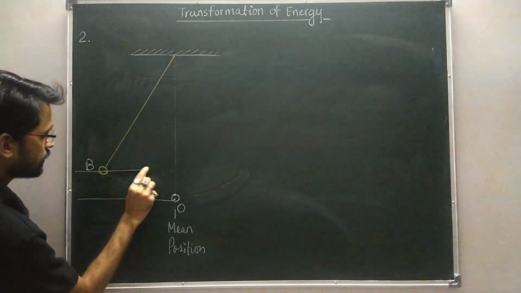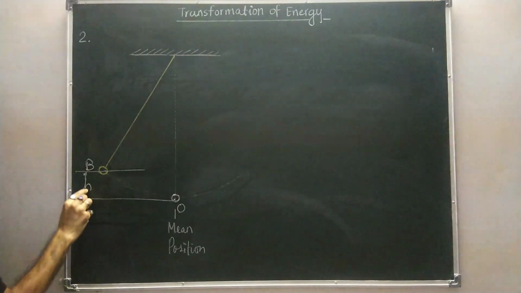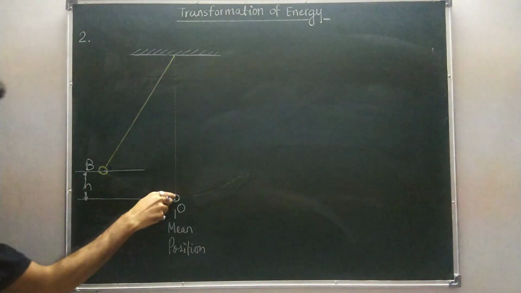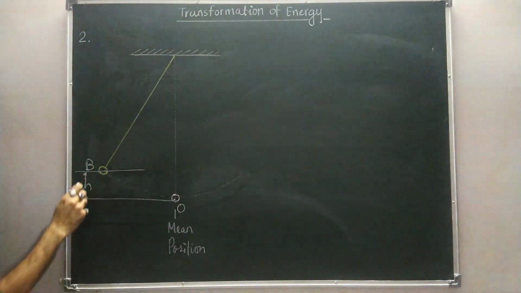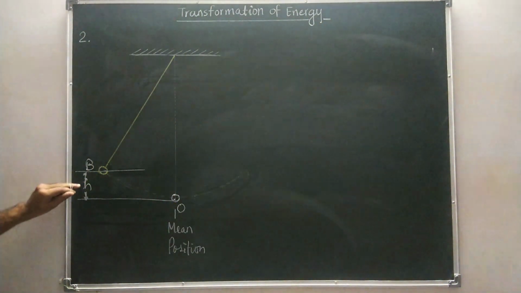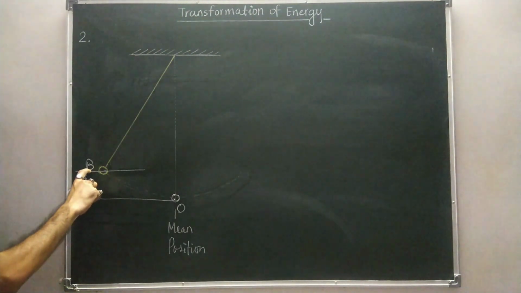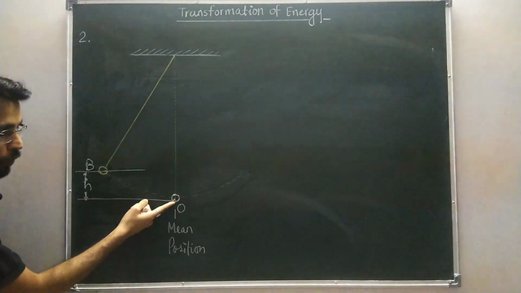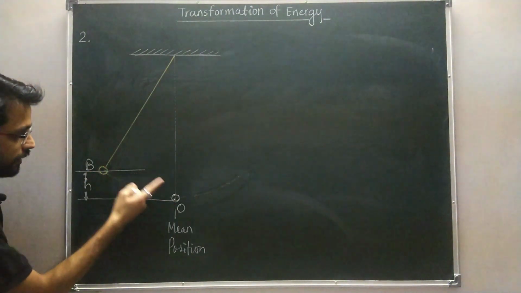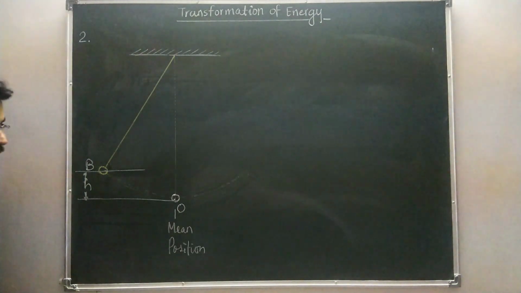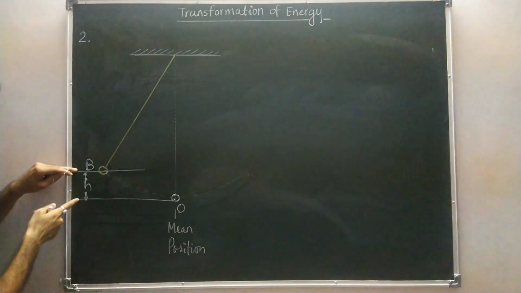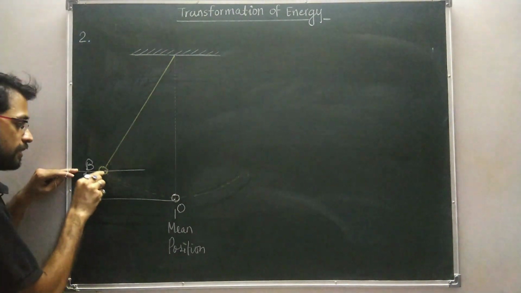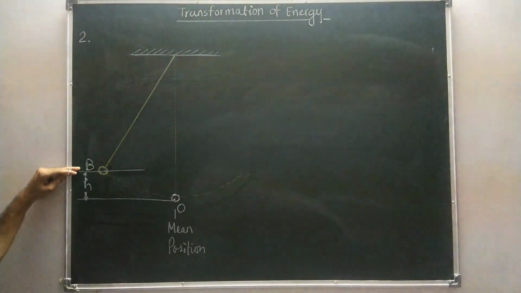So this is the vertical height h up to which the bob is raised during the displacement from O to B. The initial point is O, the final point is B, and the vertical height raised is h. So due to this displacement, the bob has gravitational potential energy at point B.